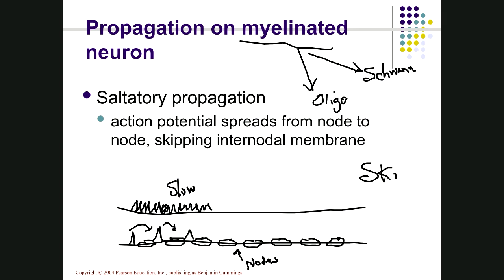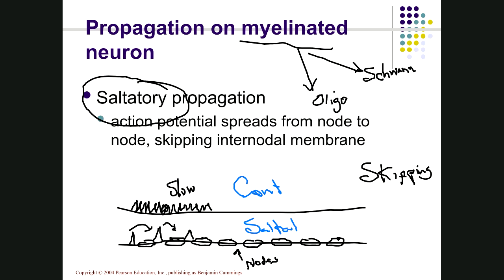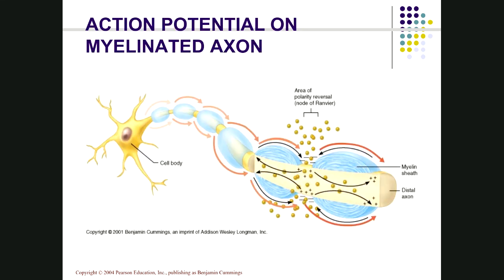And the word for skipping is saltatory. So here we get continuous propagation, but here we get saltatory propagation. And it's much faster. So here's saltatory propagation. The action potential happens here, and then it jumps, and then it happens here, and then it jumps.